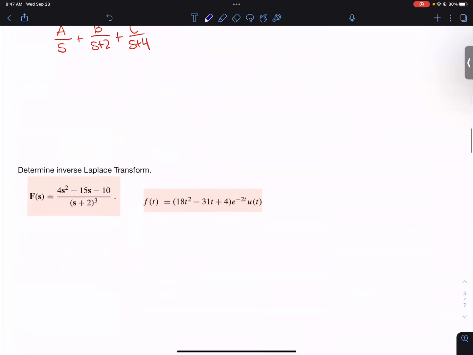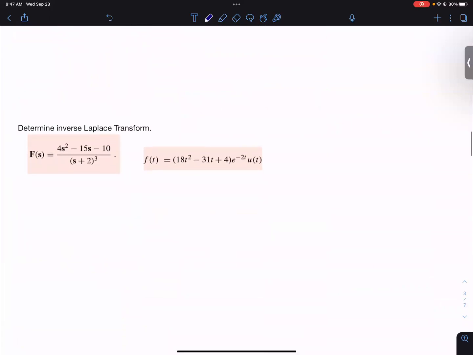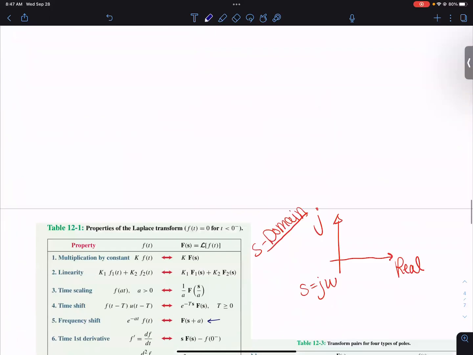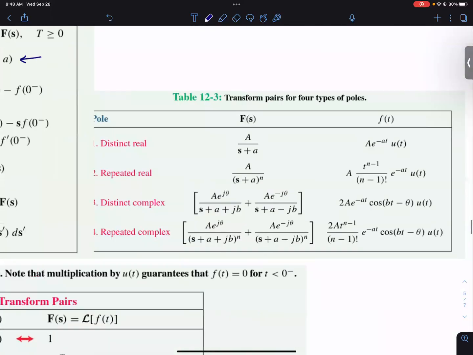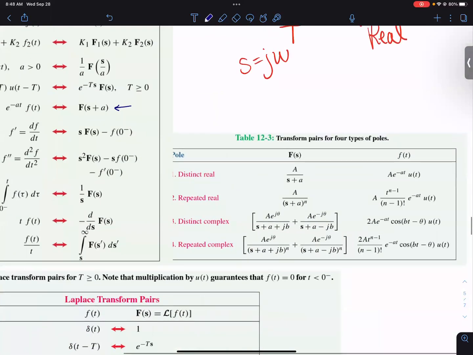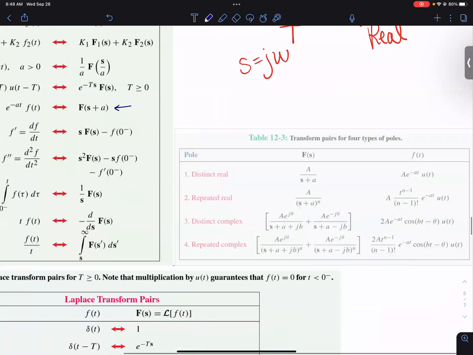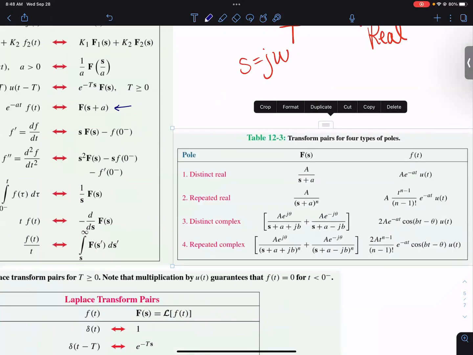Did you have a question or comment, Taylor? Well, I was just curious, is the residue method for partial fractions only applicable when you have some form of a polynomial in the denominator that's like a product, where I can see it's s plus 1 plus 50j and s plus 1 minus 50j?